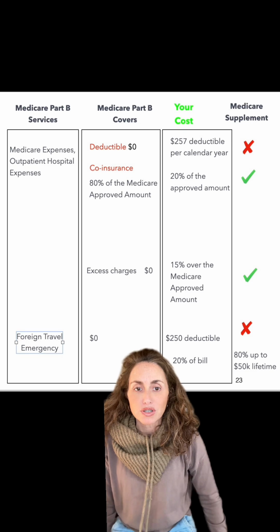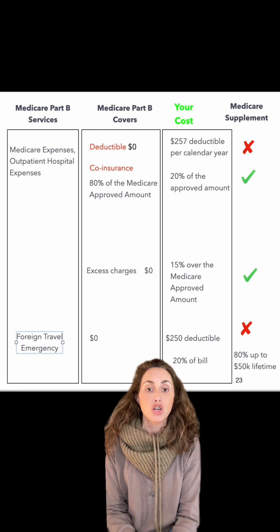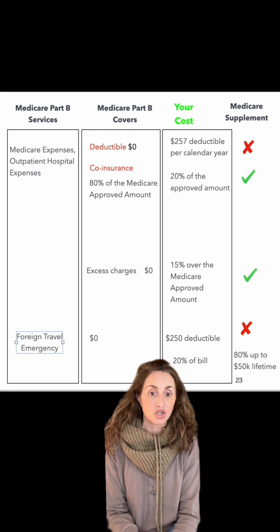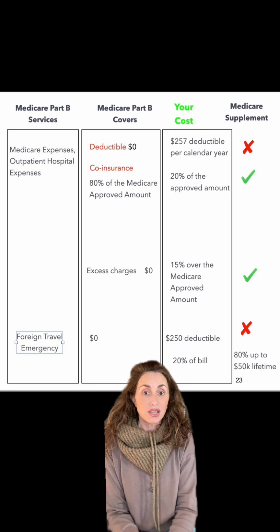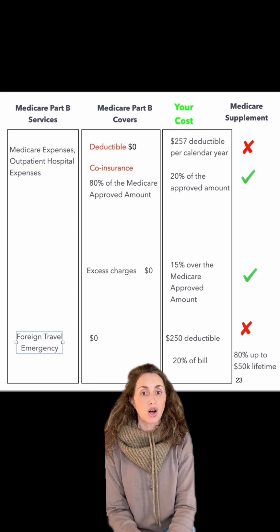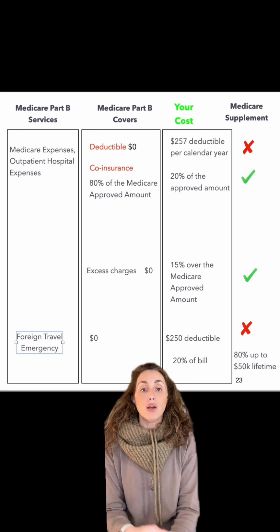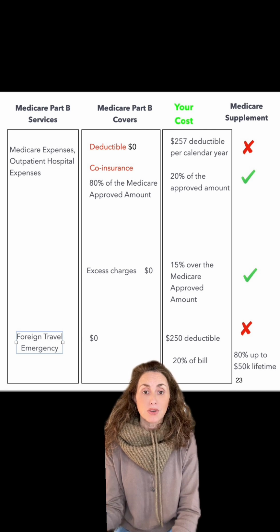One more benefit to understand, I'm going to get my head out of the way. If you look right here, foreign travel. So we know Medicare is to cover your health in the United States. So what happens if you're in France and you're in Paris and you fall and you break your leg? Well, here's what happens. Medicare is paying nothing.